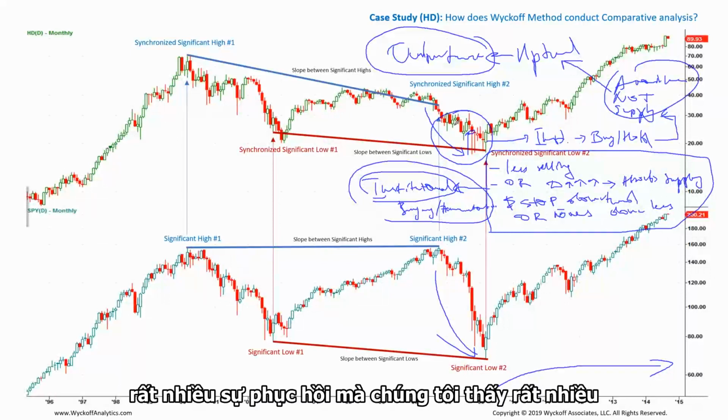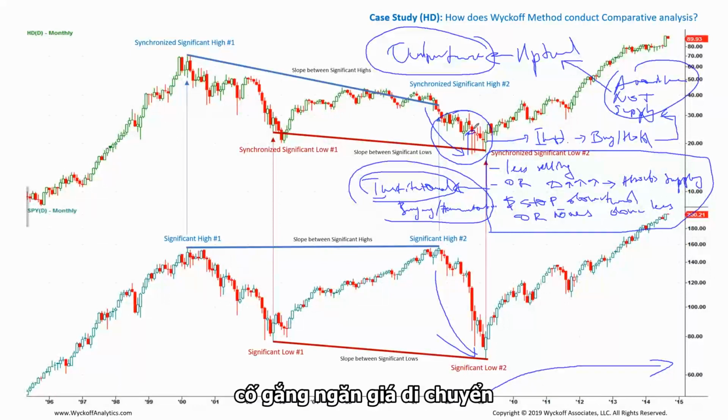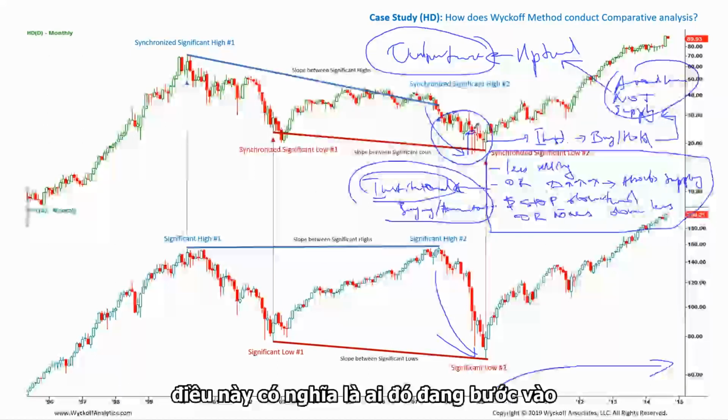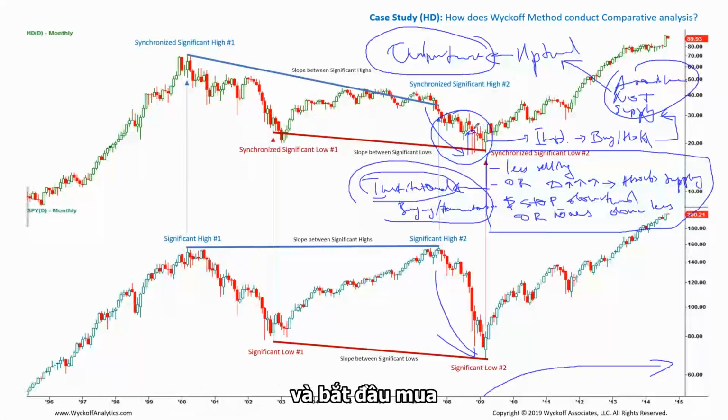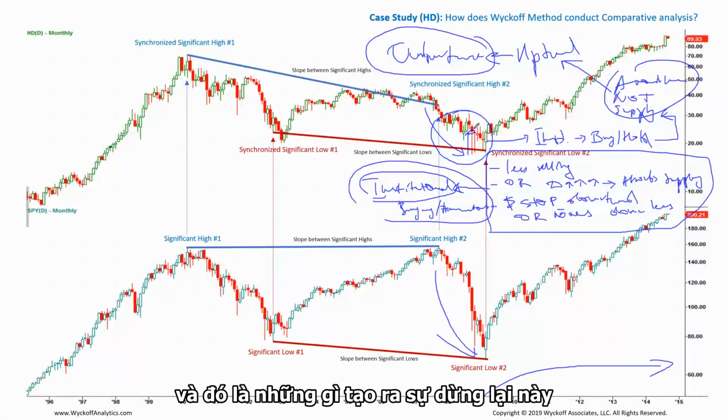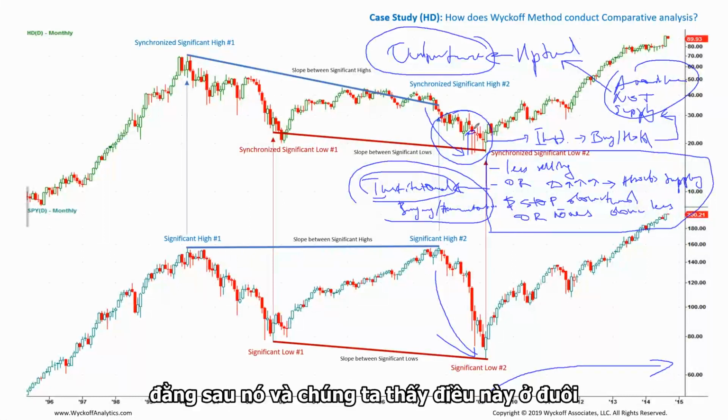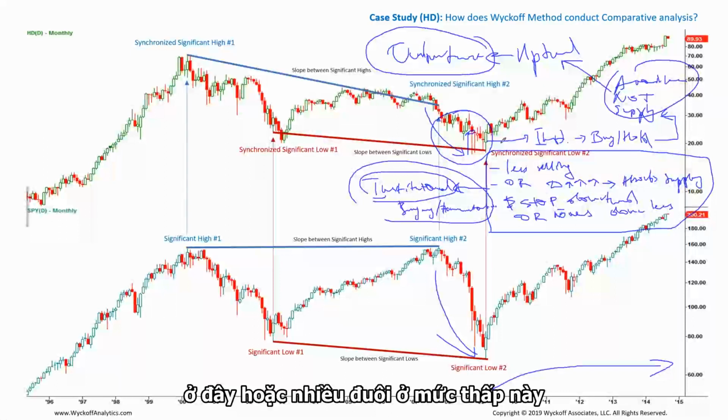We see a lot of attempts to stop the price from moving further down. This means that somebody is stepping in and starting to buy this low. And that's what produces this stopping action. And if the price even moves to the downside, it still has a lot of buying behind it. And we see this in the tail here, or multiple tails at this low.